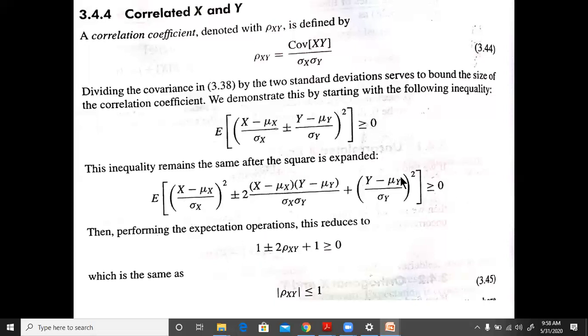So this is 1, this is 1, this quantity is the one written over here, and 2 is there as it is. So 1 plus 1 plus 2 rho xy is greater than 0.